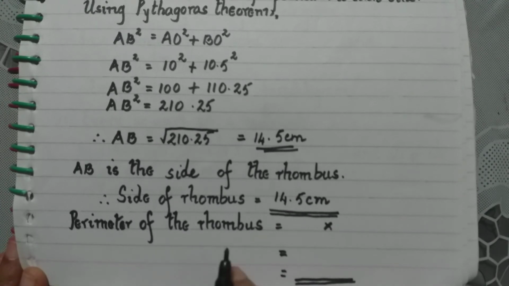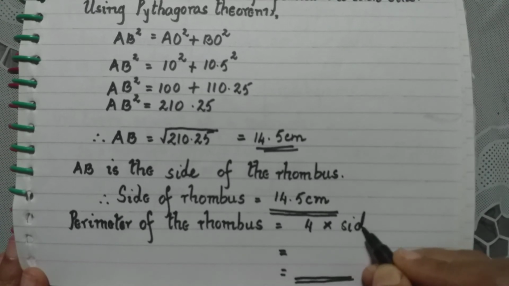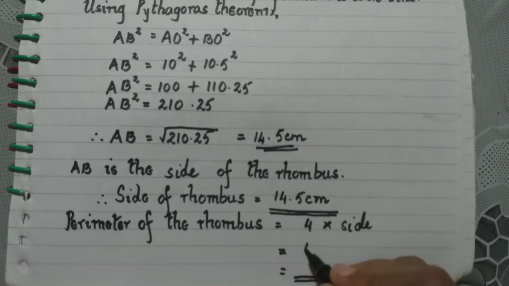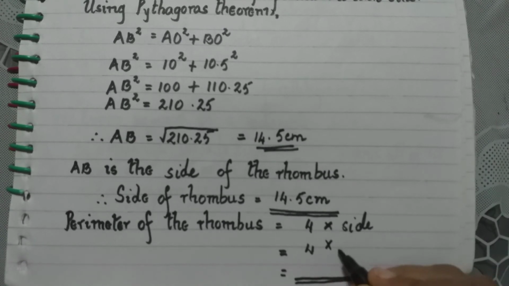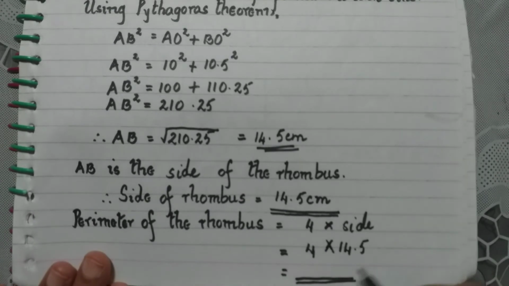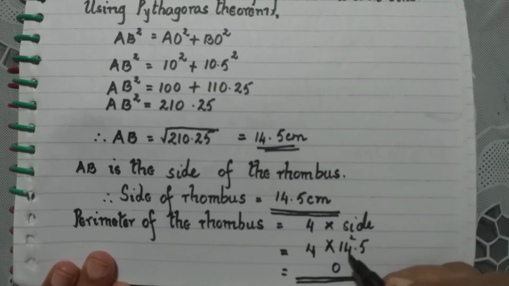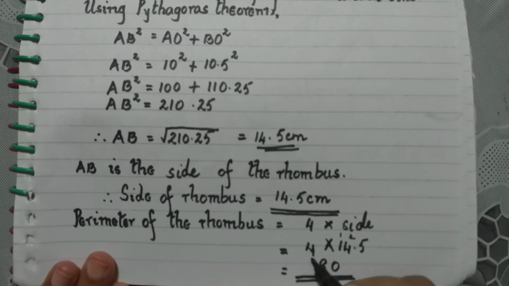Now we also have to find the perimeter of the rhombus. In the beginning I told you, since all the sides are equal, the perimeter of the rhombus will be 4 into the side. When we say 4 into the side, it means 4 into 14.5. So let us multiply here. 4 into 5 is 20, 2 carried up. 4 into 4 is 16, plus 2 is 18, 1 carry up. 4 ones are 4, plus 1 is 5.